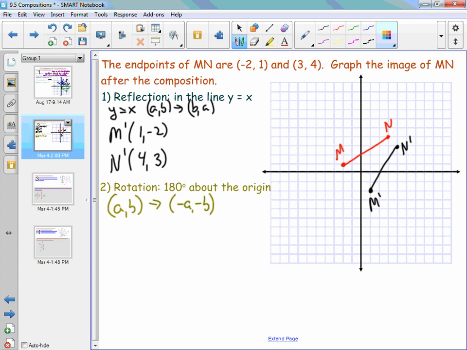So we're going to take our M prime of 1, negative 2, and that becomes M double prime, which is (-a, -b), so the negative of 1 and the negative of negative 2. And we will do the same thing with N prime.